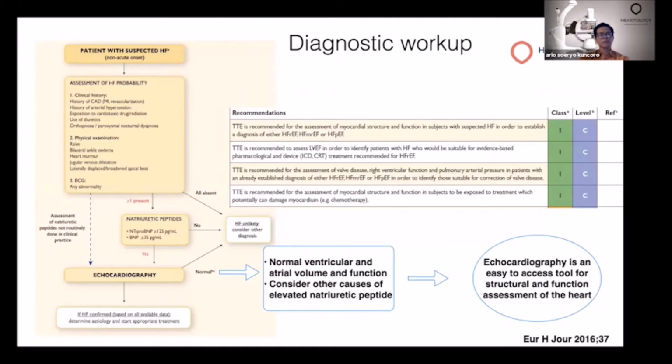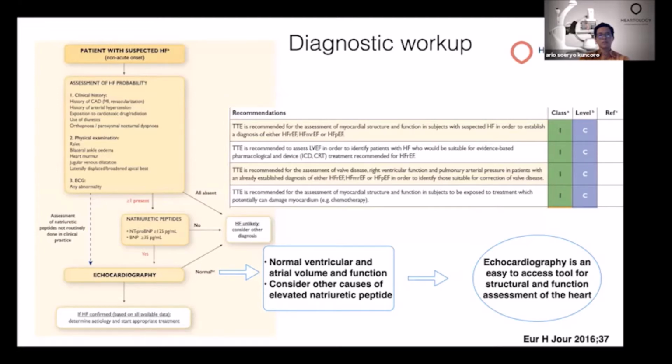And for those with heart failure with preserved ejection fraction, I think there are quite a lot of studies trying to look at this, because the ejection fraction is normal, so we cannot use ejection fraction as a prognostic factor. But we can use strain deformation imaging to look at the prognostic factors in more detail.